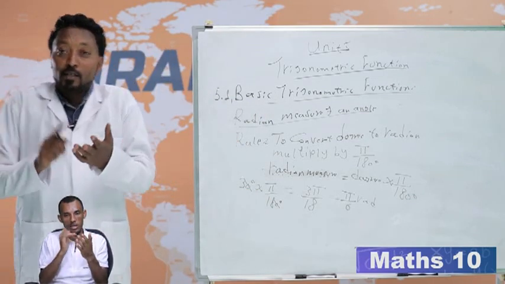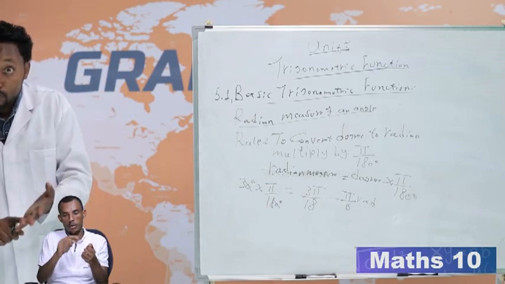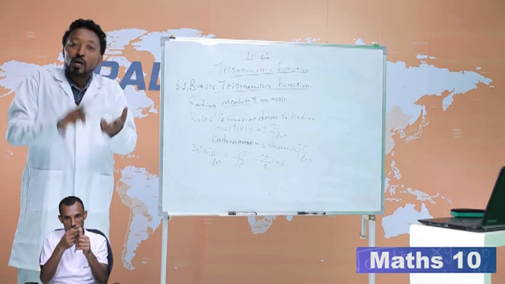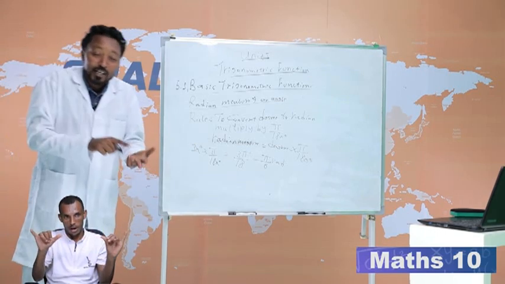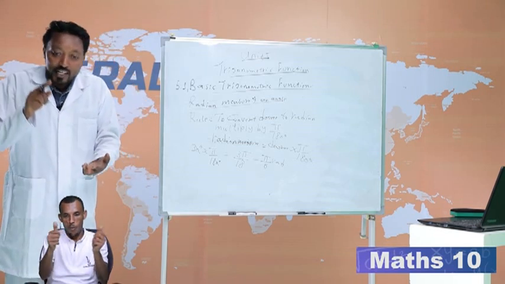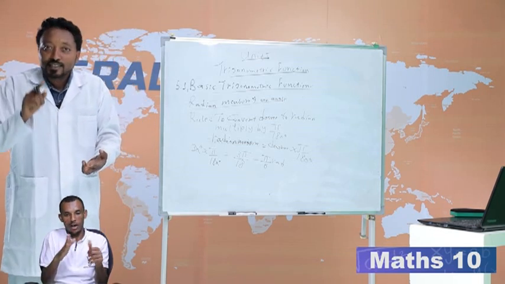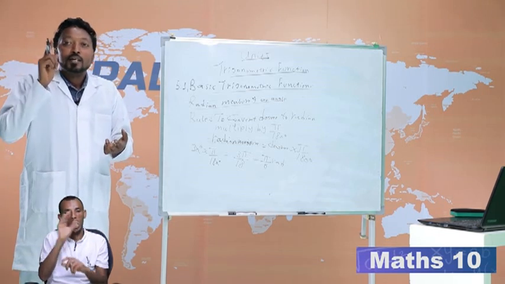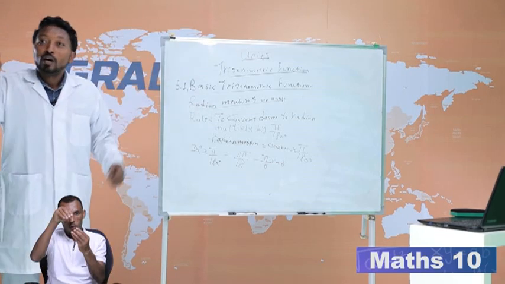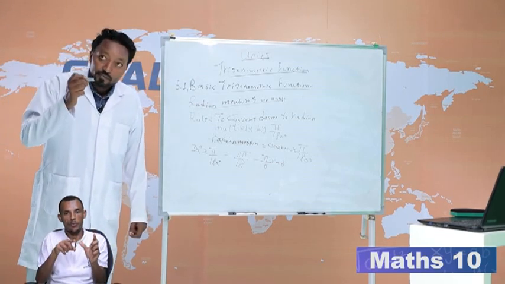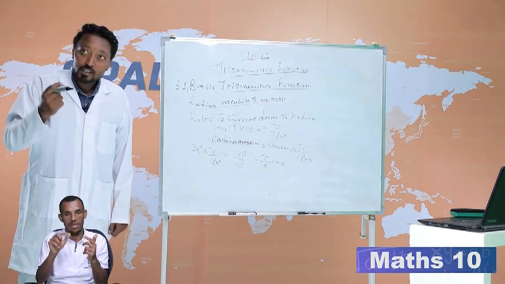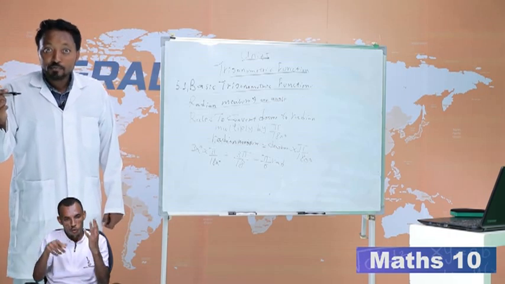Therefore, the main terminologies that are used in the whole chapter: the first one, what does standard position angle mean? A standard position angle is an angle with initial side on the x-axis and vertex at the origin, and the angle lies in the first quadrant, second quadrant, third quadrant, or fourth quadrant.